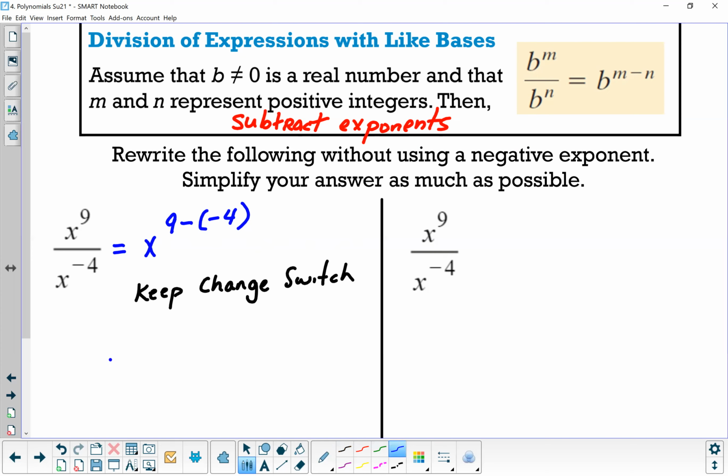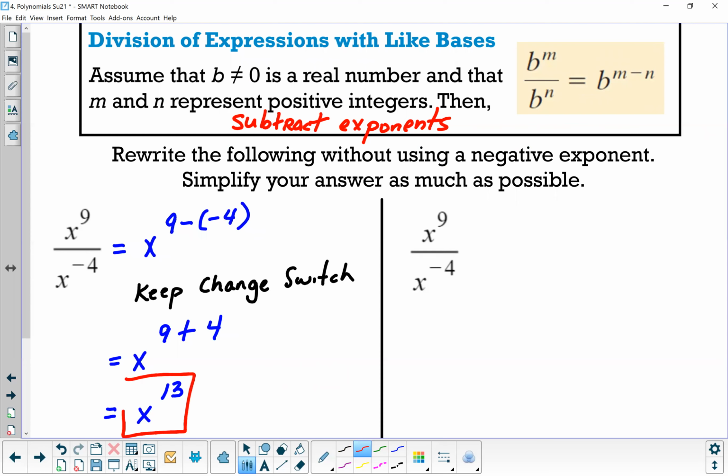So essentially what that means is I can convert this subtraction problem to addition or vice versa. So x to the 9 we keep, change the minus to plus, and switch the negative 4 to positive 4. Okay, so then that gives me x to the 13th power.